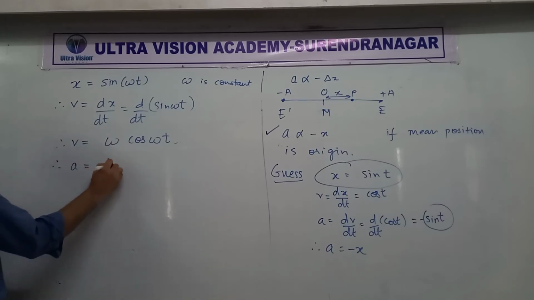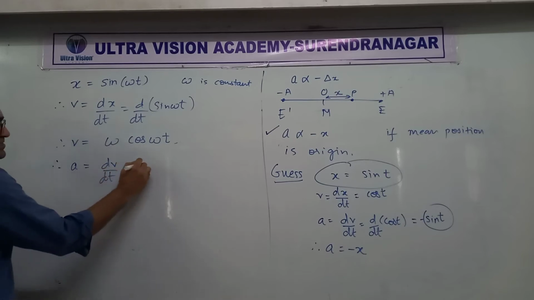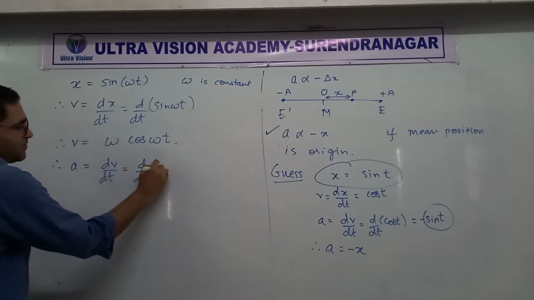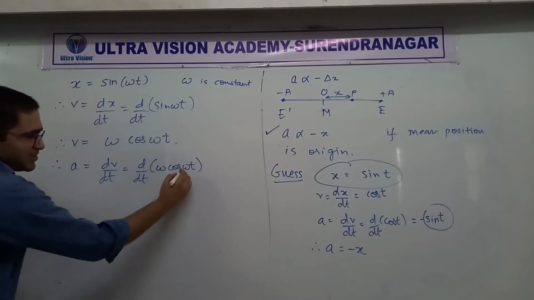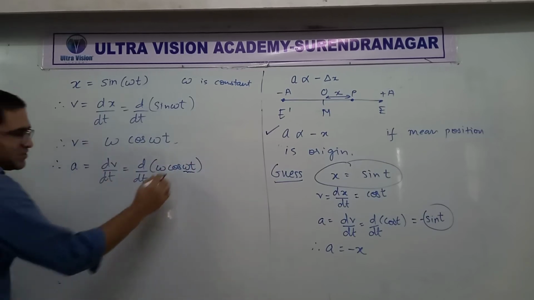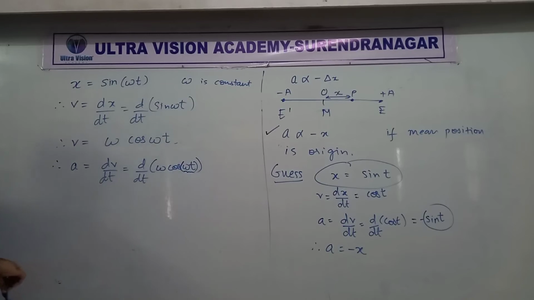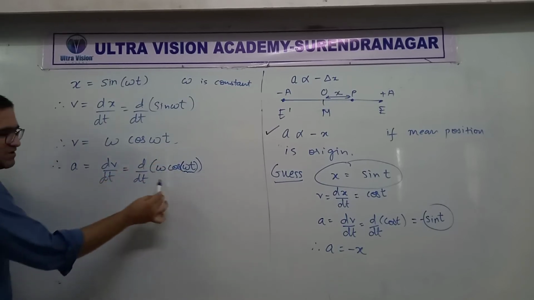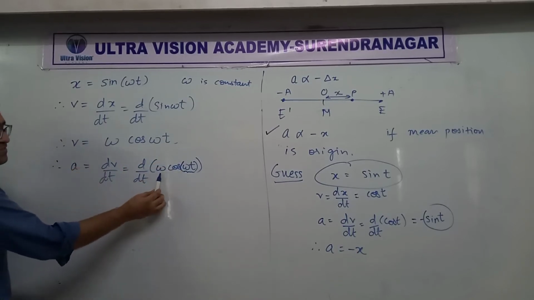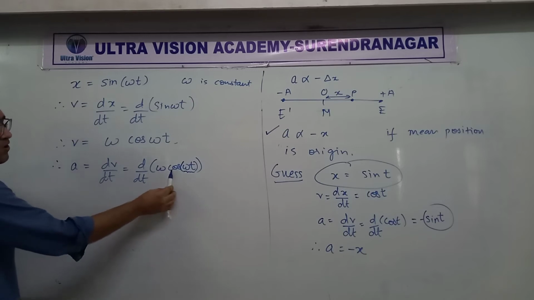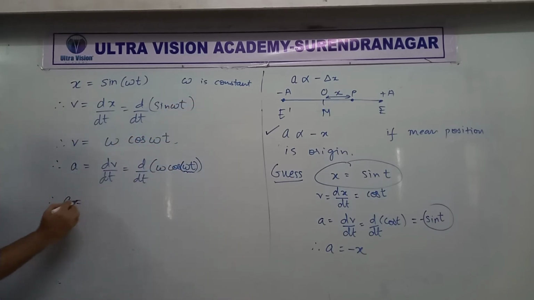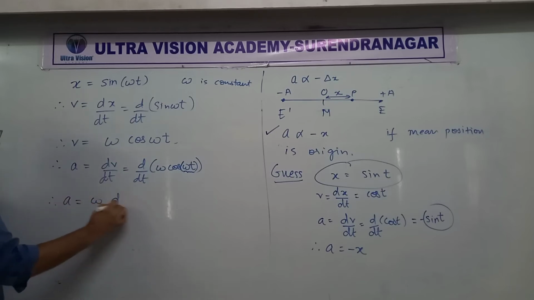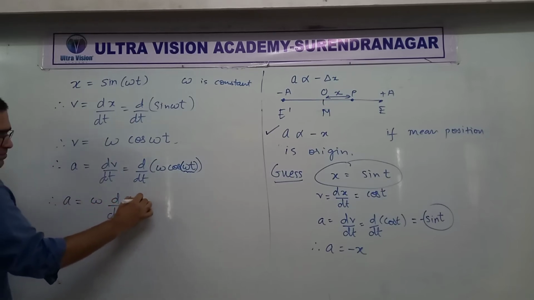A is equal to dv by dt, which is differentiation of omega cos omega t. Remember, this is an angle, so you cannot separate anything out of it. Omega is a constant, so kick the constant out. Therefore, A is equal to omega outside and d by dt of cos omega t.